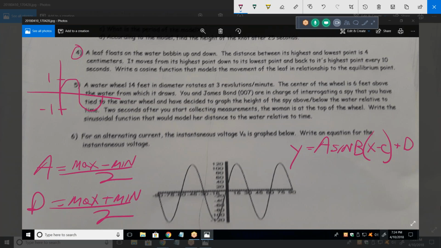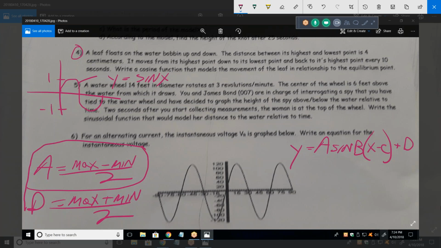So that's how my memory works, is I know that A is 1 in your basic equation, y equals sine x. Okay? So what does it have to be? It has to be the maximum minus the minimum. Whereas D in my basic equation is 0, right?